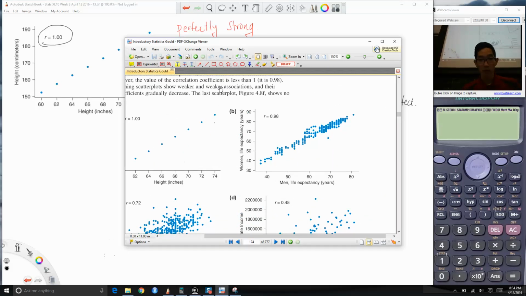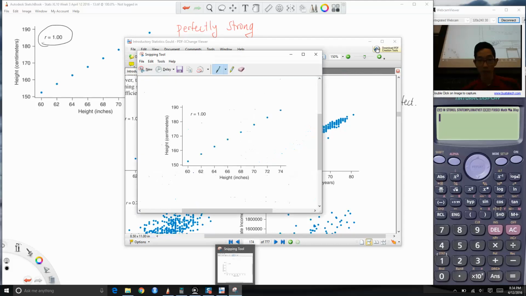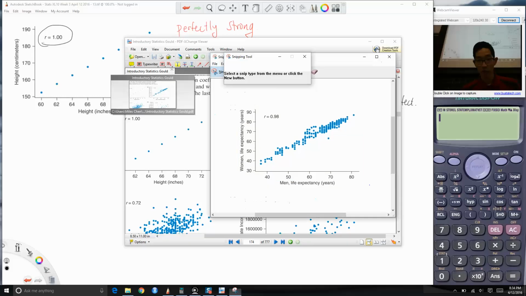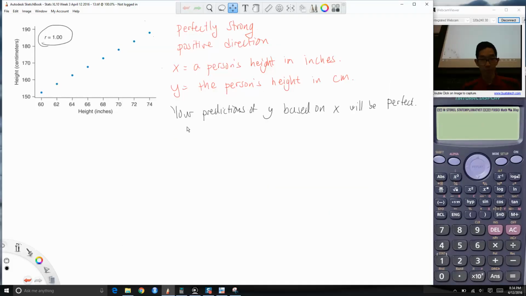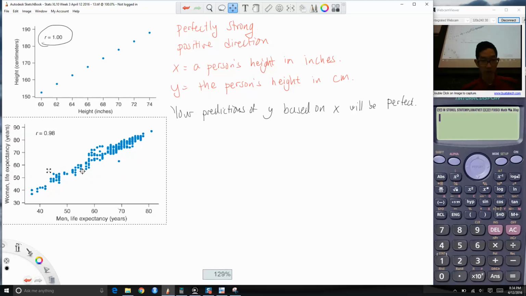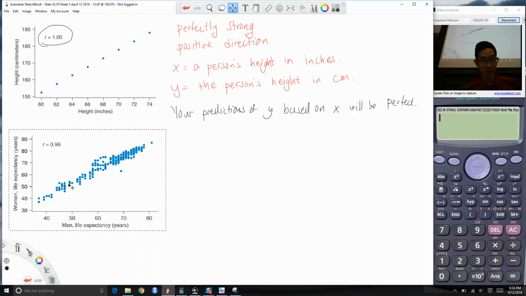Okay, and so here we have another example of a very strong correlation, but it's not a perfect thing, but it's still very good.